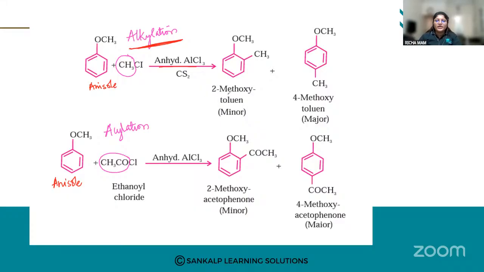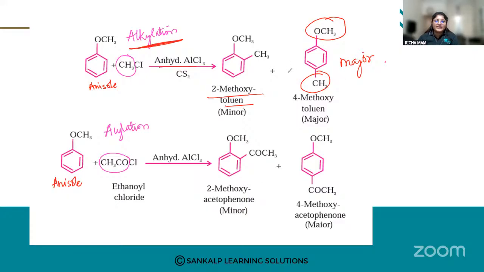I am going to get 2-methoxytoluene and 4-methoxytoluene. Whenever you have the para position, that will give you the major product, because of the symmetry.